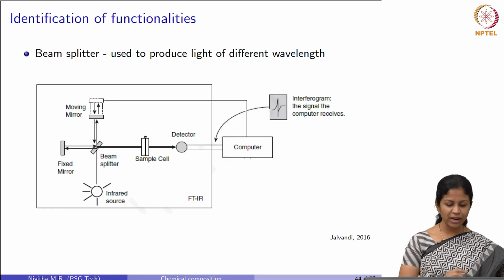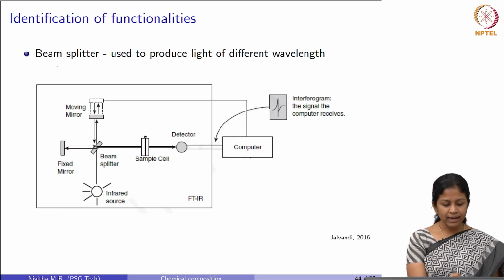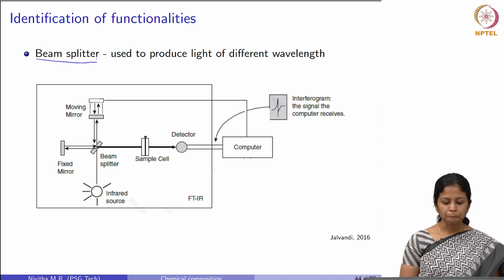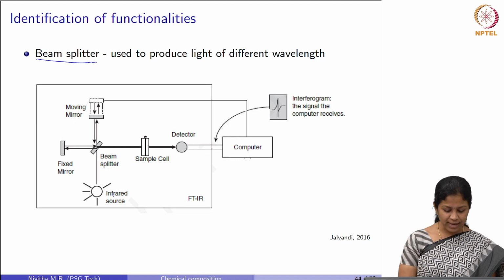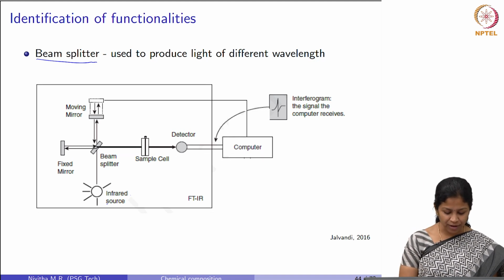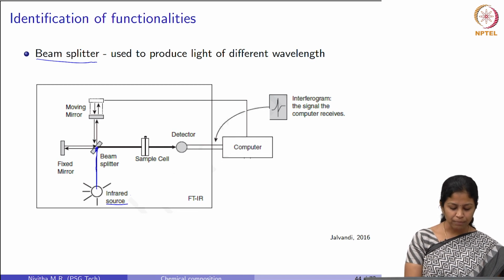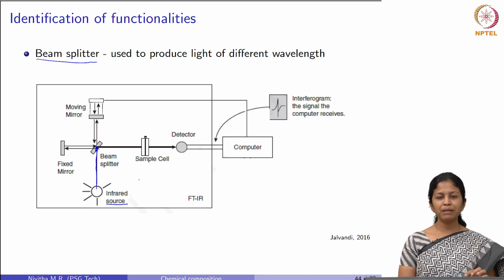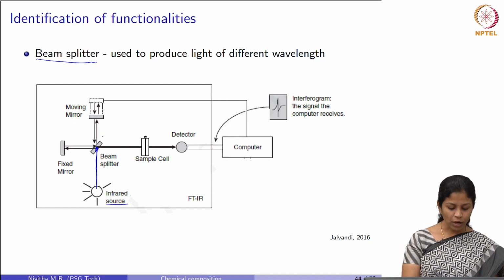I will just explain in brief about this technique. This technique has a beam splitter which is used to produce light of different wavelength. So, we see here the first thing is we have an infrared source. Light is now input onto the beam splitter, right. This beam splitter splits this light into two different components.